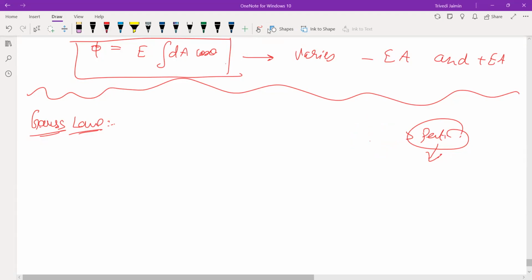So Gauss law. So what is permittivity? Can you tell me? No, you don't remember? This is the ratio of electric displacement by field intensity. Okay. Any other simple definition or explanation?